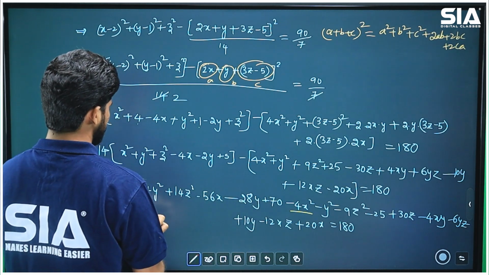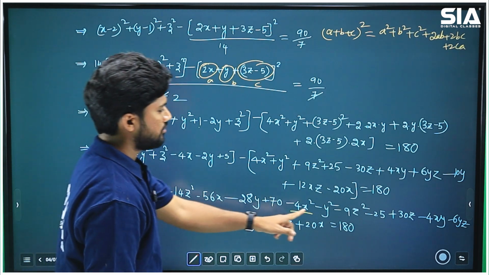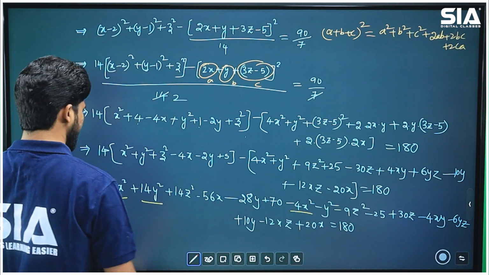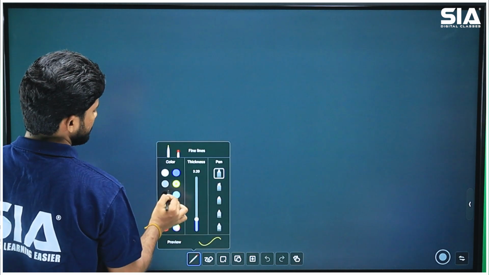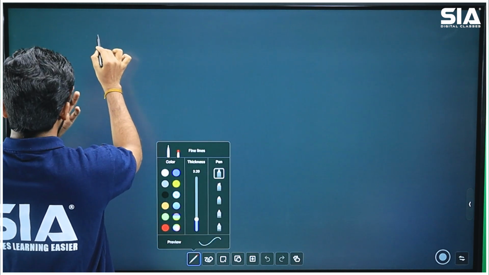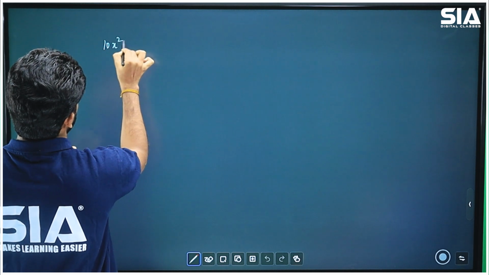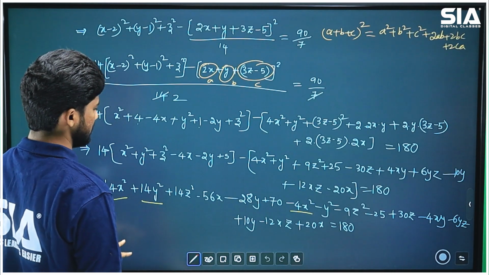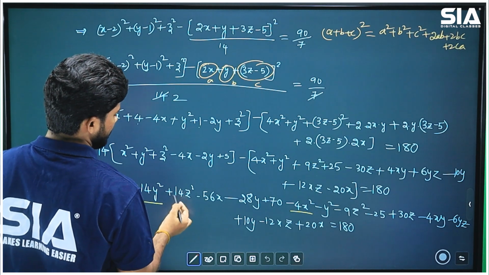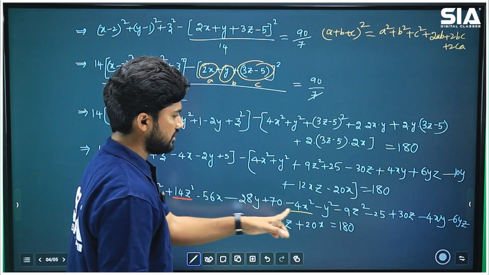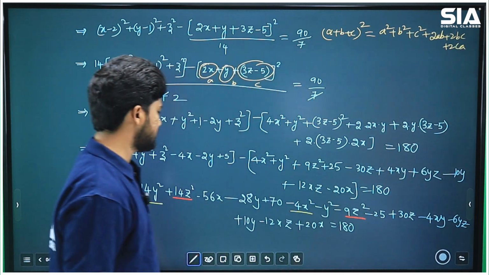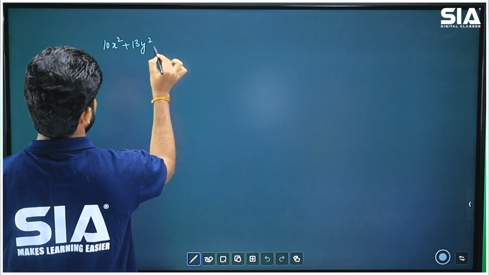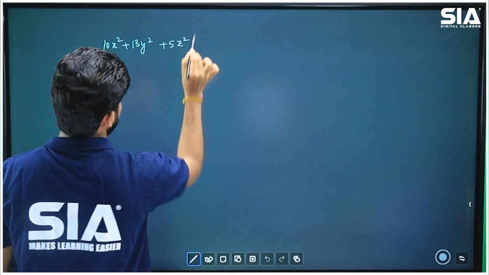Next 14y square minus y square is 13y square. So 10x square plus 13y square and the remaining value z square: 14z square minus 9z square is plus 5z square.